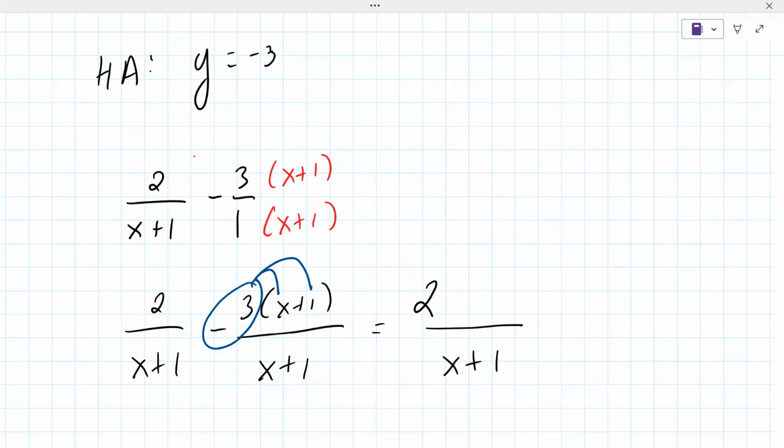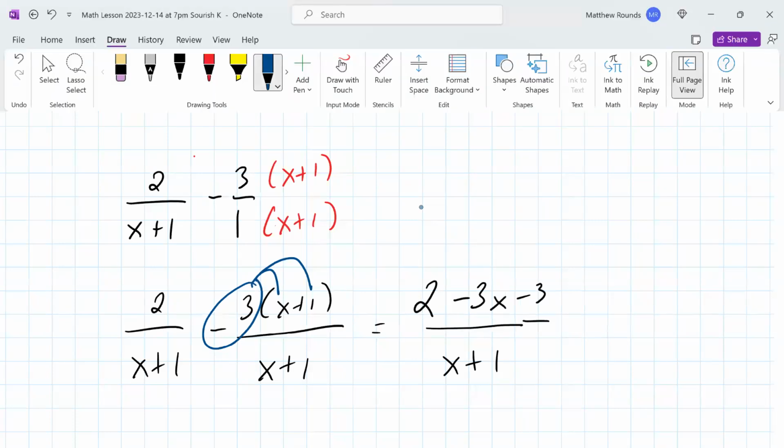So -3x minus 3. Now you're going to combine like terms.